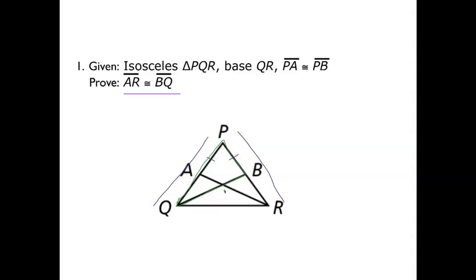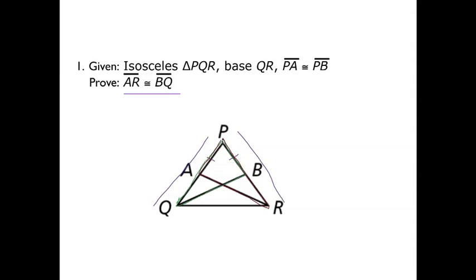And then I need to see another triangle that's kind of overlapping with that one, PAR. Those are the two triangles I'm going to be looking at. Now, what I know about those two triangles, and it's hard to see right now, and I'm going to redraw them for you, is two congruent sides.